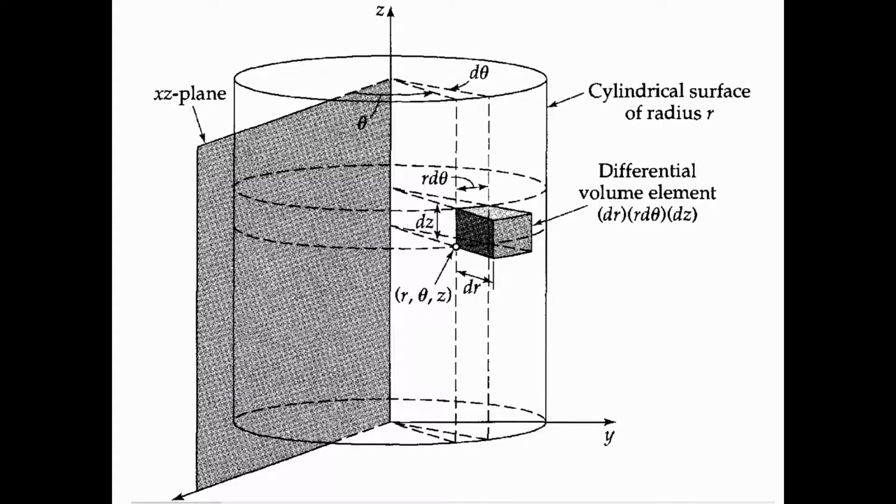Basically this is the volume of this little element here. So when I have a volume integral in these coordinates, I'm going to have to stick in an r here, so dr, r d theta, dz. And same if I have an area integral going over r and theta.